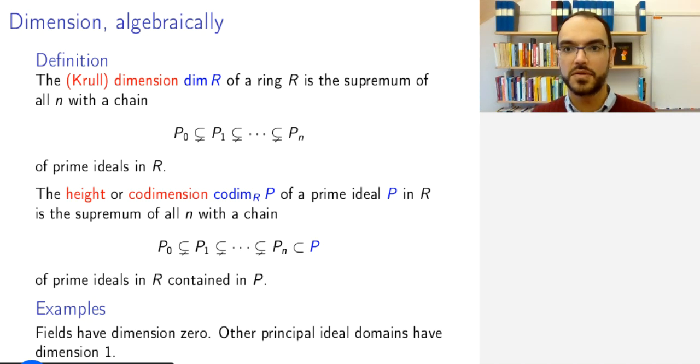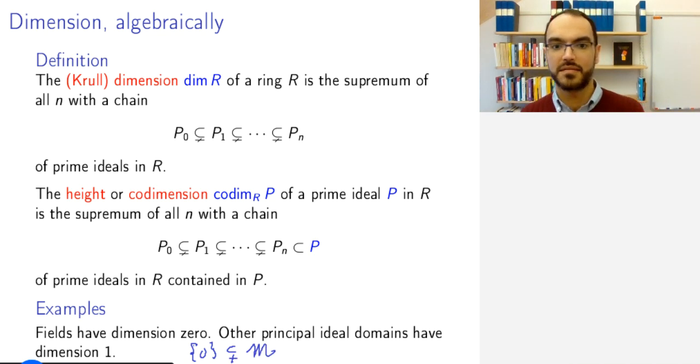That is because, as we know from algebra, in a principal ideal domain, an ideal is prime if and only if it is maximal for non-zero ideals. So this means that we have the 0 ideal that will sit inside some maximal ideal M, and that's it, and therefore the principal ideal domain will have dimension 1 if it is not a field.